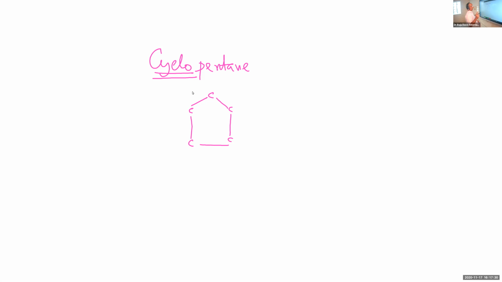Consider the valence of carbon, which is equal to 4. You look at each carbon. From each carbon, 2 covalent bonds are already formed, so there is provision for 2 more covalent bonds. So there will be 2 hydrogen atoms attached to each carbon atom, say like this.